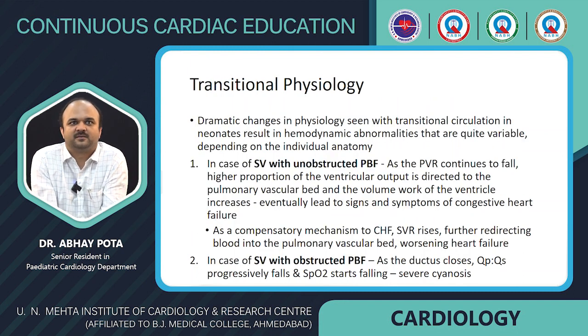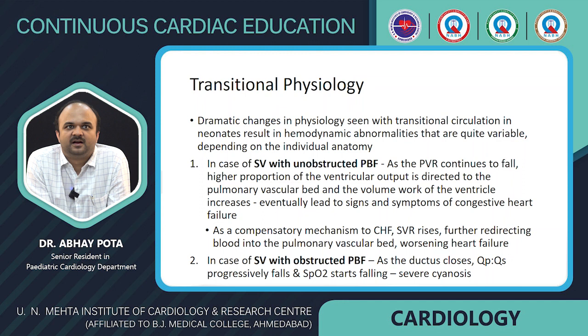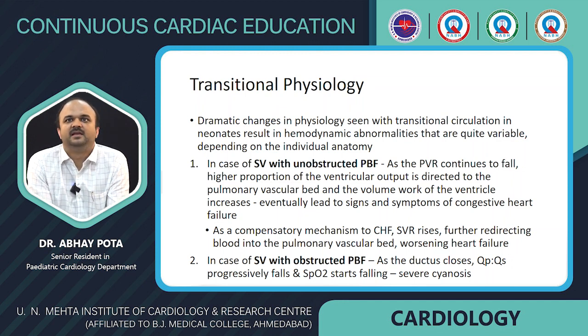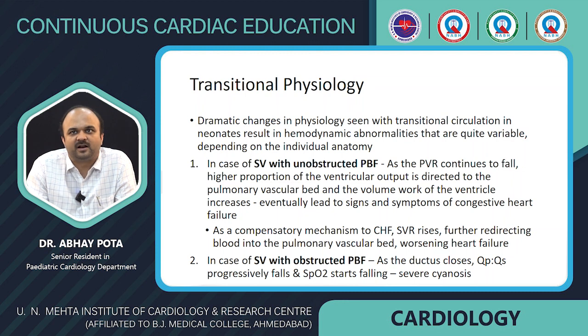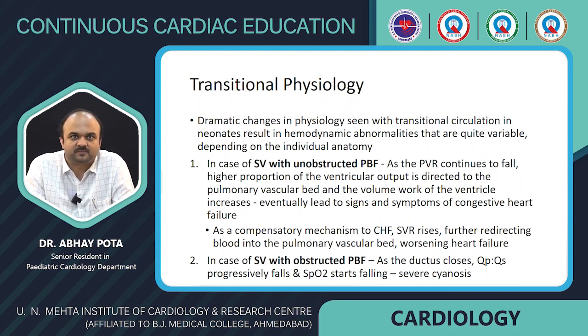So let us first discuss transitional physiology. Dramatic changes in physiology are seen with transitional circulations, like decreased PVR, progressively increasing pulmonary blood flow, increasing systemic ventricular afterload, and closure of the ductus arteriosus with time, and the foramen ovale. All these changes are seen in the first 1 to 1.5 months of life. In neonates they result in hemodynamic abnormalities that are quite variable depending on the individual anatomy of different lesions.